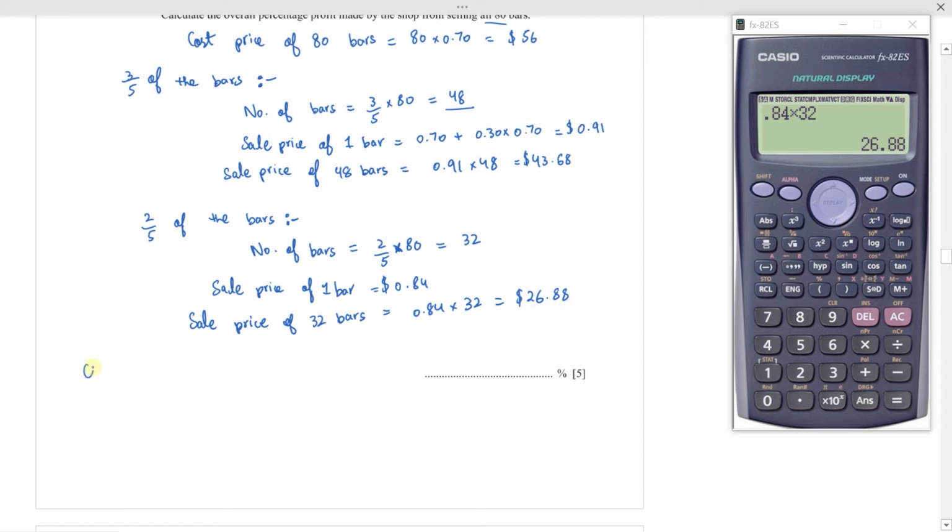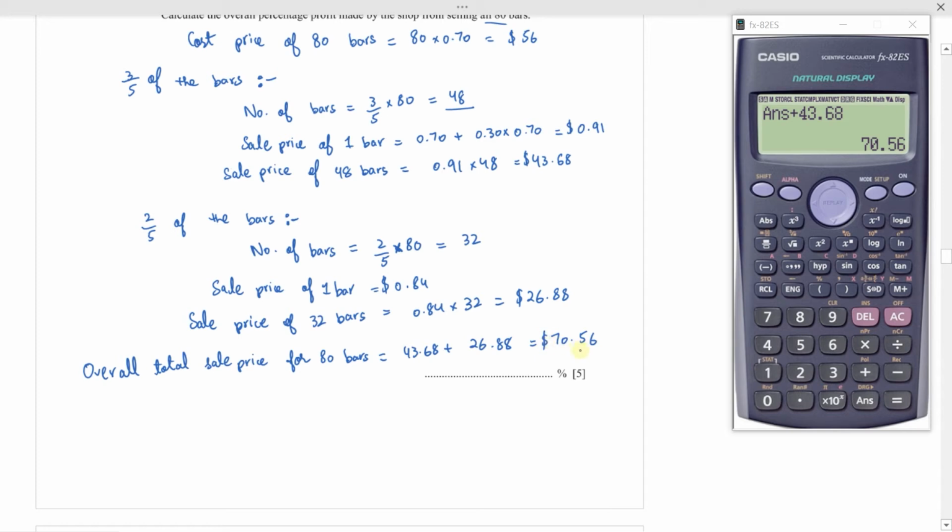So the overall total sale price for 80 bars is now equal to 43.68 plus 26.88. So this is $70.56.